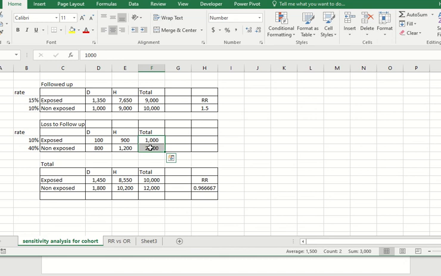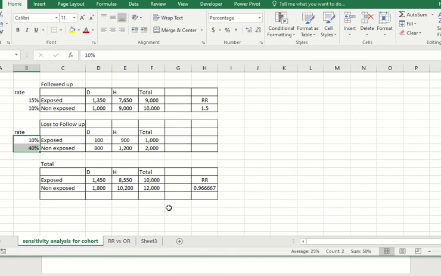However, I can play different scenarios, and every time I play a different scenario, I change my relative risk till I discover that the occurrence of the disease in those that I lose has to be that extreme for me to lose the association. And so if somebody is criticizing my work, criticizing my article, by providing this, which is called a sensitivity analysis, I would be able to address their concern.